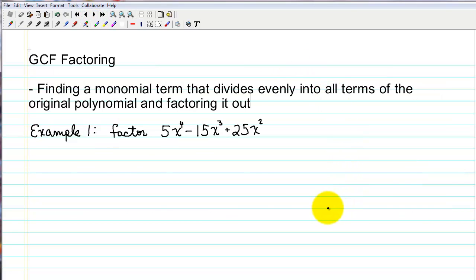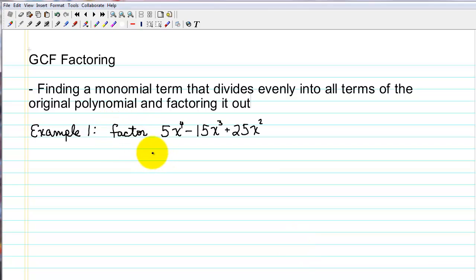Our first technique is an important technique which I call GCF factoring. GCF stands for greatest common factor. So we are looking for a single term, a monomial, that will divide evenly into all of the terms of our original polynomial. If we can find a monomial that will divide evenly, we want to factor it out.